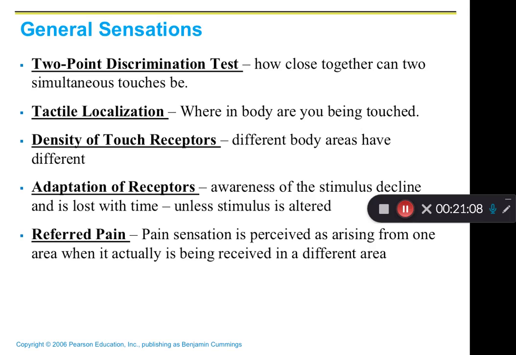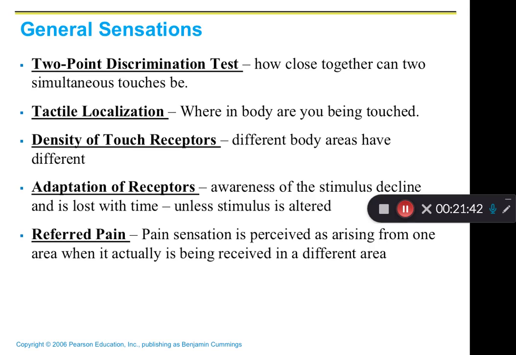So this is tactile localization. It depends on the density of the touch receptors, which I mentioned for the 2 points discrimination test, because different body areas have different densities of receptors.